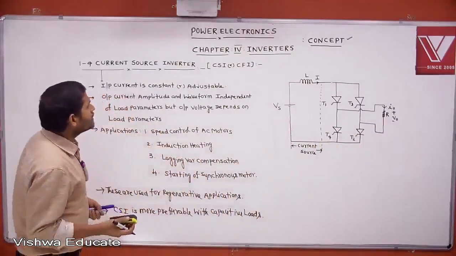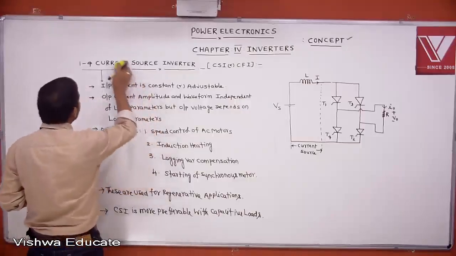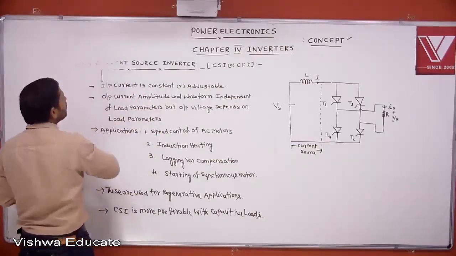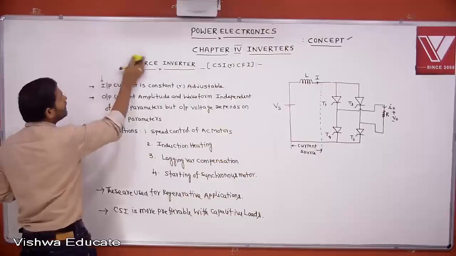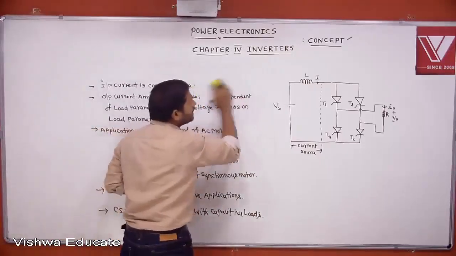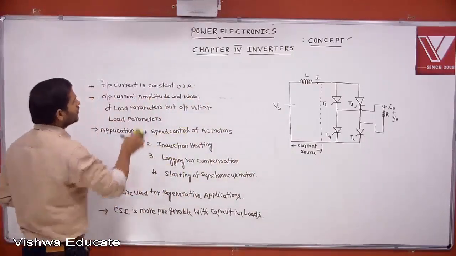Here we can turn on these switches in such a way that we convert DC to AC. How it is possible, that we will see.